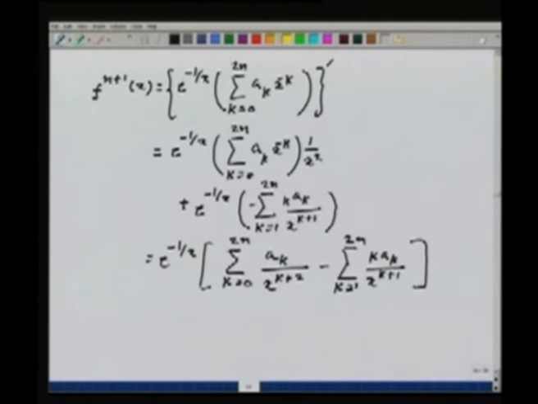You see, I get a polynomial whose degree is 2 times n plus 1 and in the variable 1 by x. So I get e to the power minus 1 by x times a polynomial p at the point 1 by x. So this verifies my second claim.